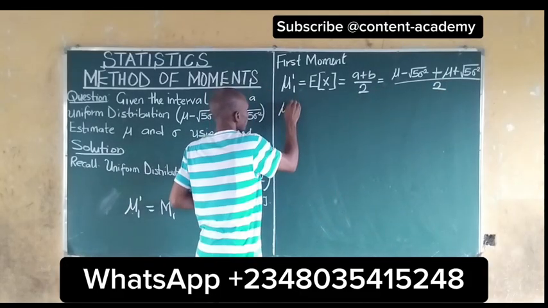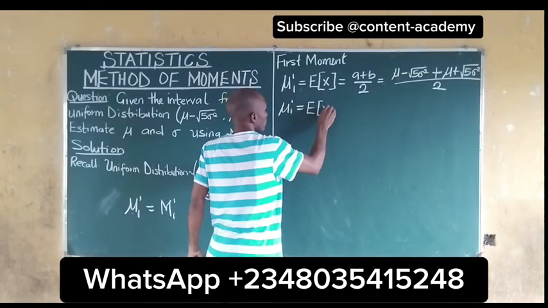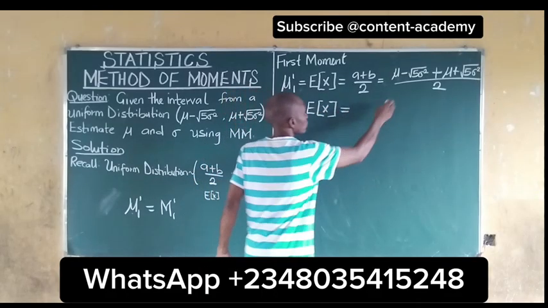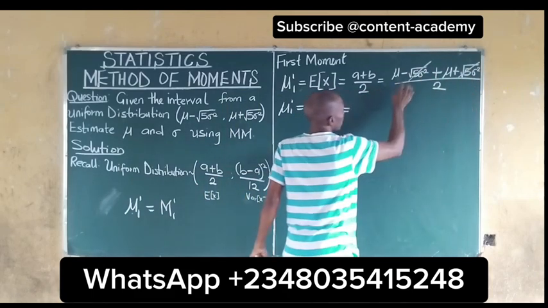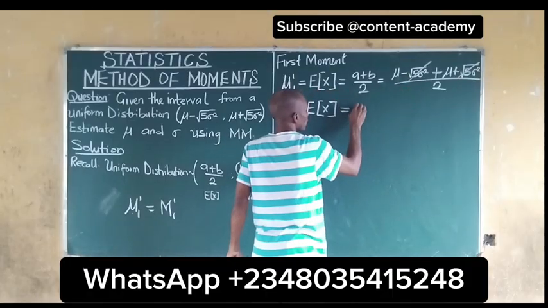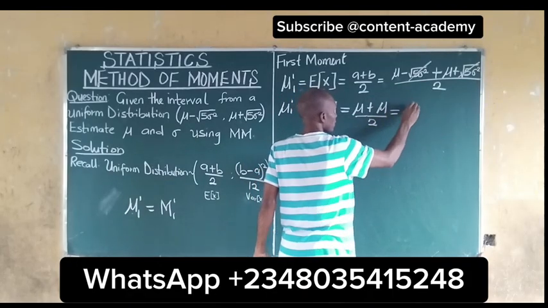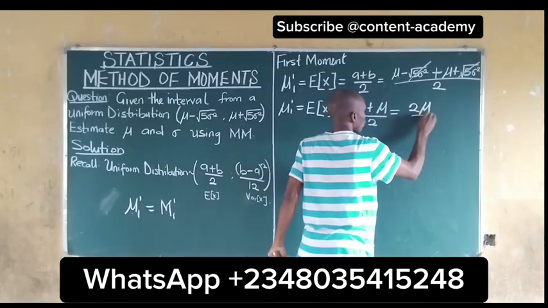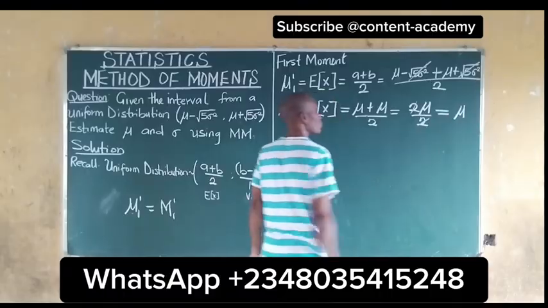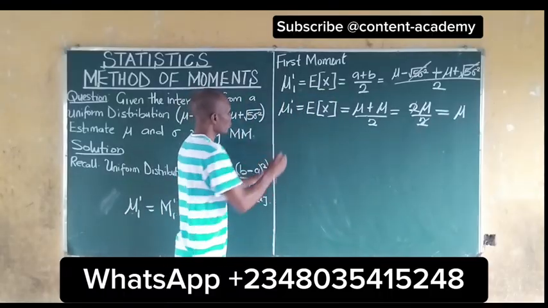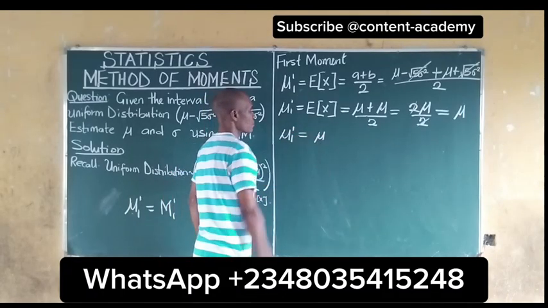So it then means that our population mean is equal to, of course, this will cancel this, this will cancel this. I will be left with mu plus mu all over 2, which is the same thing as 2 mu all over 2, which is the same thing as mu, because 2 will cancel 2. So finally, we have our population mean to be mu.